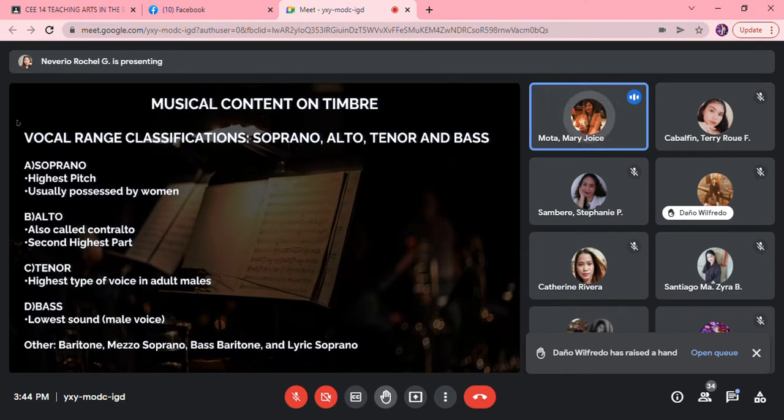So, ganun lang yung mga kaibahan nila. So, again, that is the introduction. Introduction pa lang yan and two subtopics, which is the vocal range classifications and mga groups. So I hope you understand what I discussed.